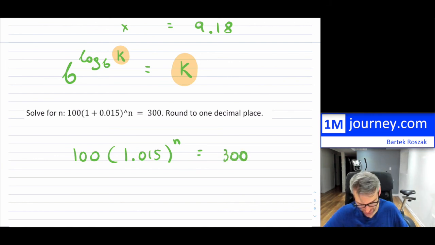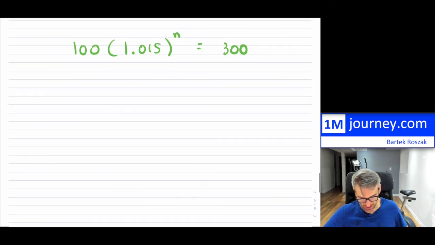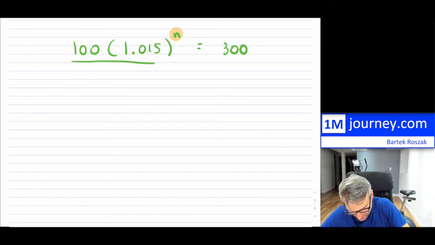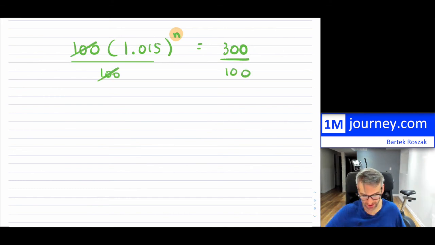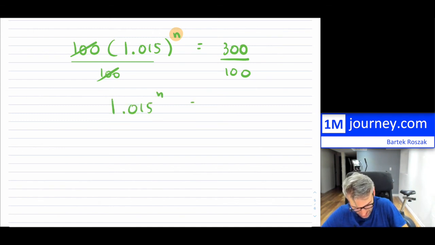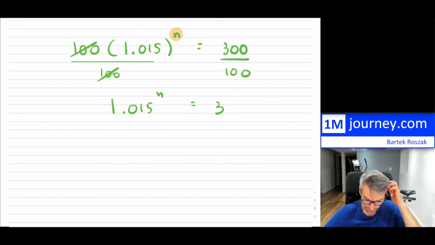All right, so that's there. Now we're going to have to solve for n. My n is in the exponent. So the first thing I'll do is divide both sides by 100 to get rid of this right here. So I'm going to get just 1.015 to the n equals 3.